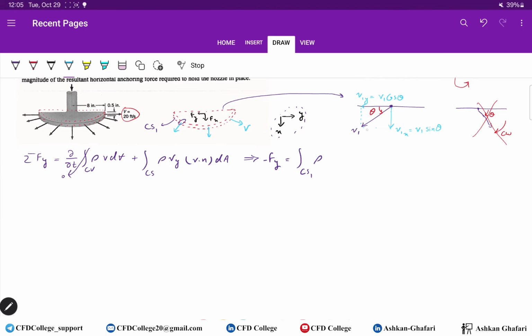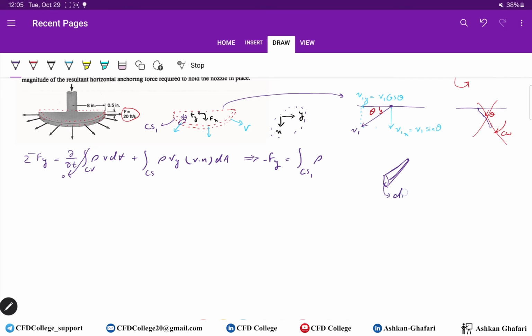So by considering this, if we look closely at this control volume, let me name it dA. This is the control volume we have.